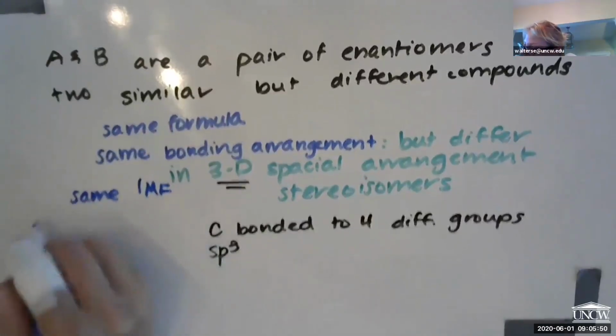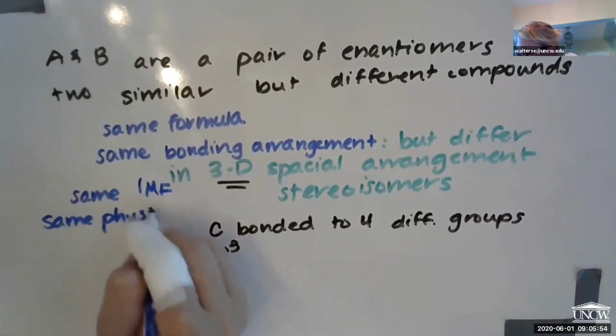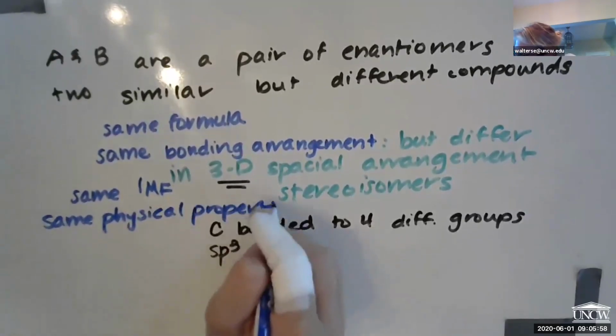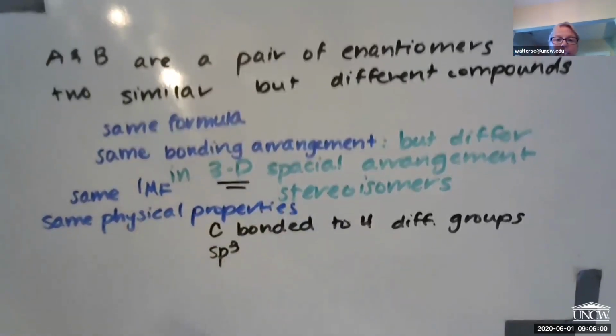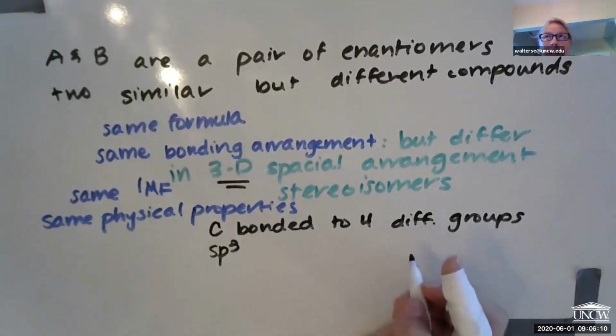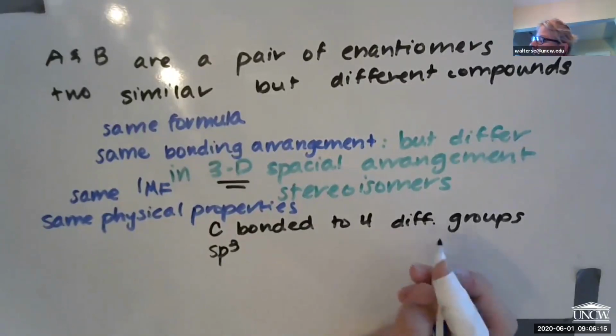So they're going to have the same physical properties: the same melting point, the same boiling point, the same behavior on a separation column, same dipole moment, and the same solubility in solvents.